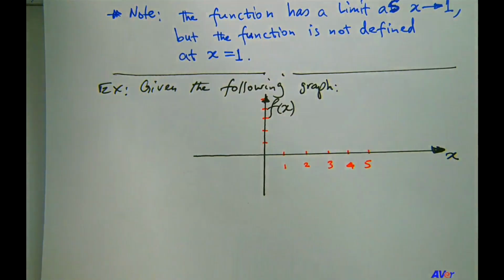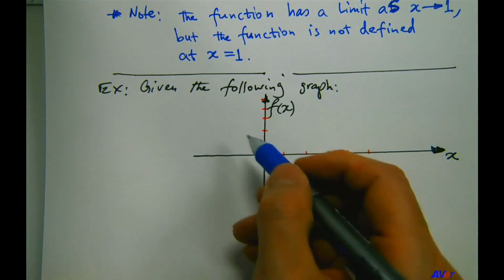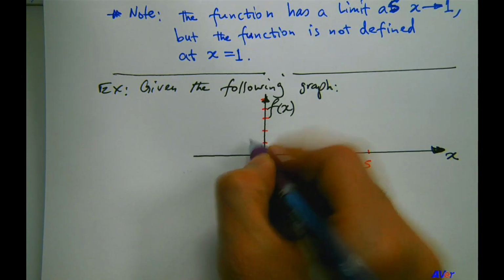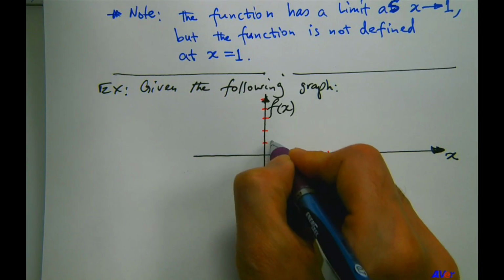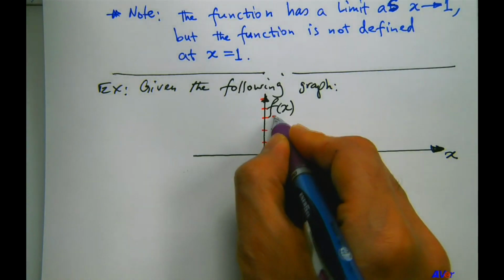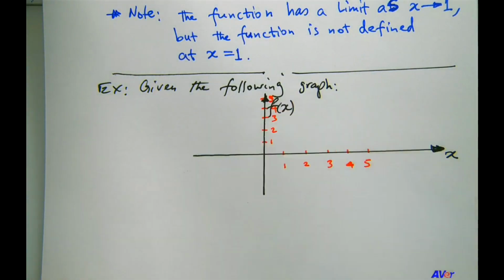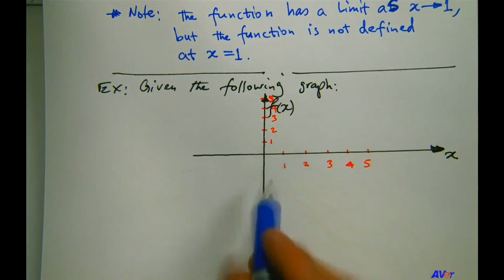Okay, so the graph, and this is 1, 2, 3, 4, and 5. Okay, it got a little bit crowded there, sorry, but I hope it's clear. And the graph is as follows.